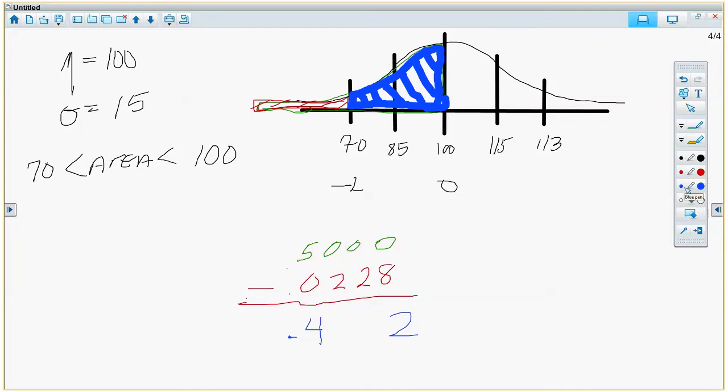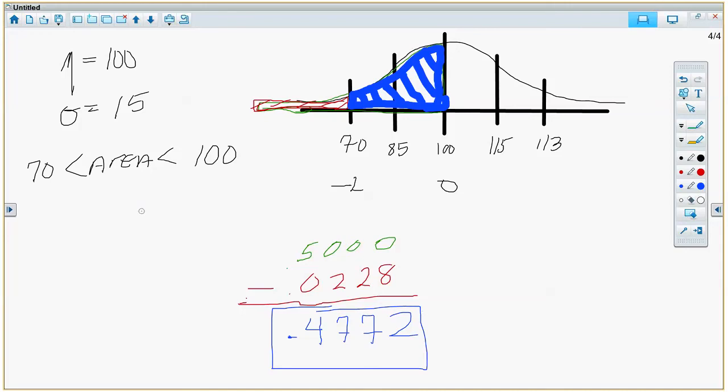So what is the probability that your score is going to be between 70 and 100? 47.72%. Or 0.4772.